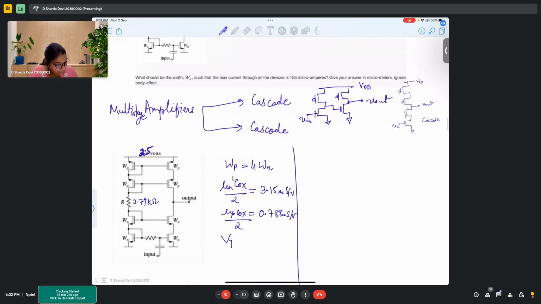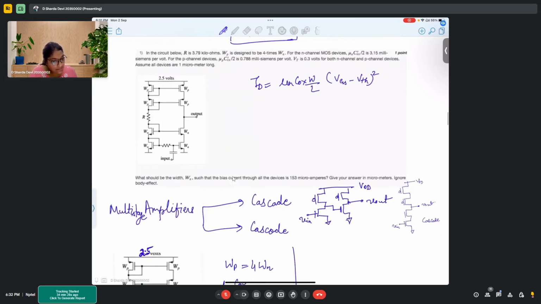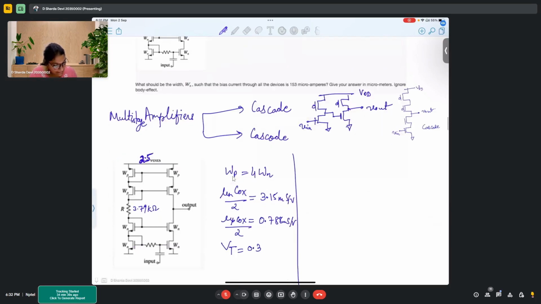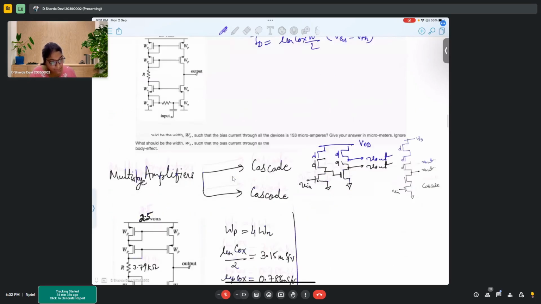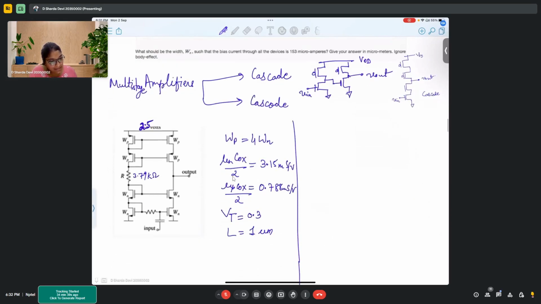VT of the transistor is 0.3 for both the transistors, and assuming that L is 1 micrometer, L has been fixed. So now, what should be the width WN?